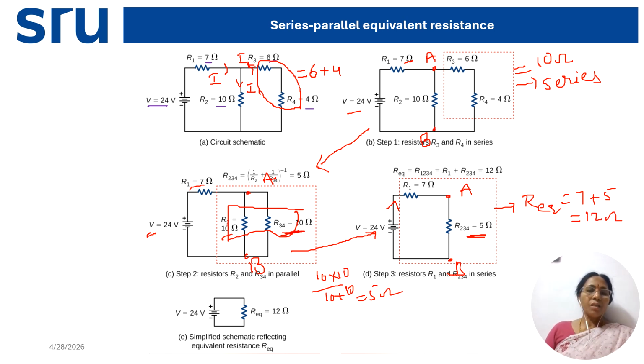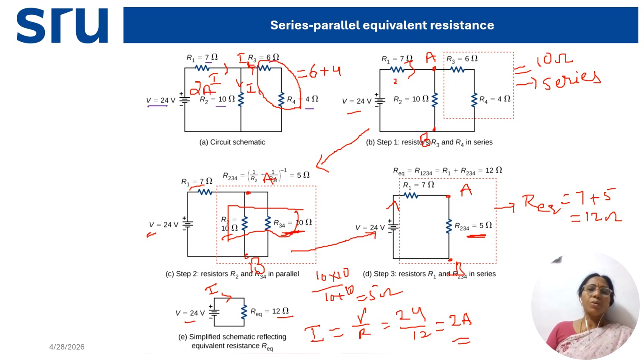R equivalent is 12 and the voltage source is 24. Then what is the current delivered by this voltage source? According to Ohm's law, I equals V by R, 24 divided by 12, which is 2 ampere. So the total current here is 2 ampere.